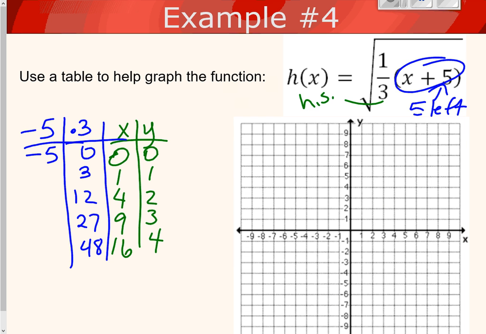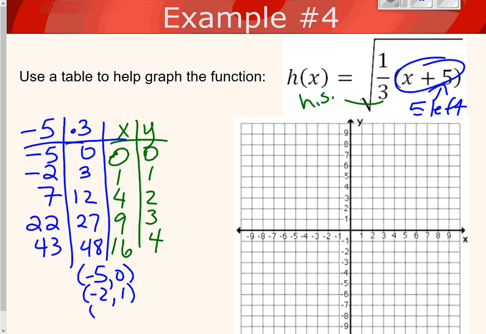So I get -5, -2, 7, 22, and 43. Okay, so I don't think I'm going to get all my points on my graph here, but that's okay. This will at least give us an idea. (7, 2), (22, 3), and (43, 4).